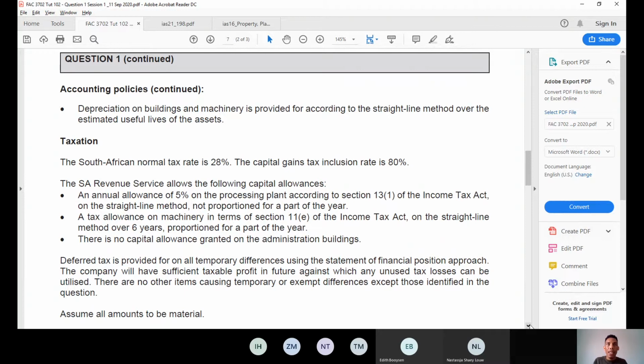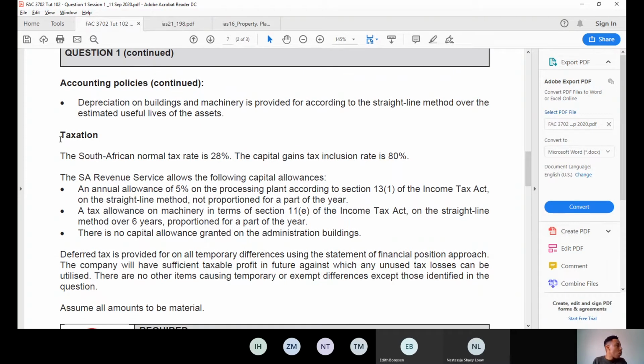So it's basically things that they've considered in preparing their annual financial statements: the statement of financial position, the statement of profit or loss and other comprehensive income, and then a statement of cash flow.